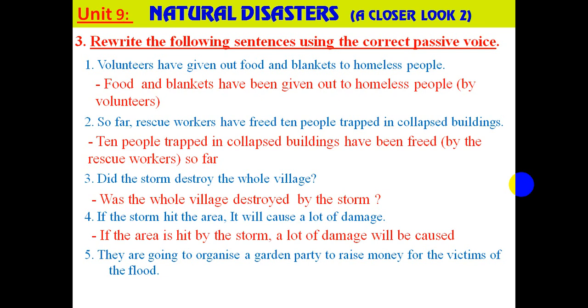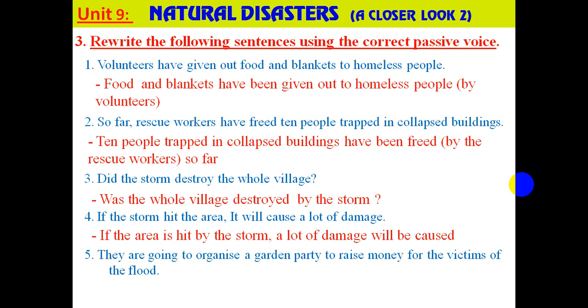If the area is hit by the storm, a lot of damage. A lot of damage is also an object of the active sentence. A lot of damage will be caused. Will be plus past participle. Will be caused. Cause is a regular verb, so we only add d after cause. So we have the answer. If the area is hit by the storm, a lot of damage will be caused.